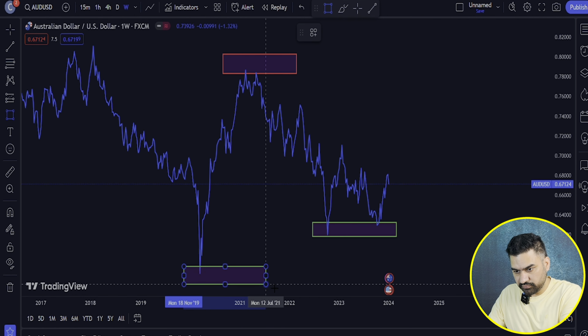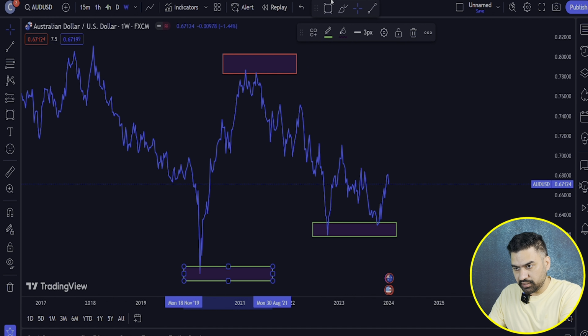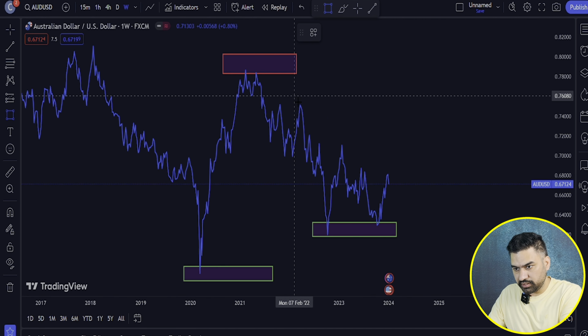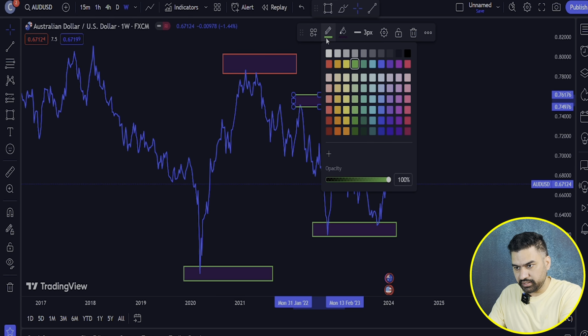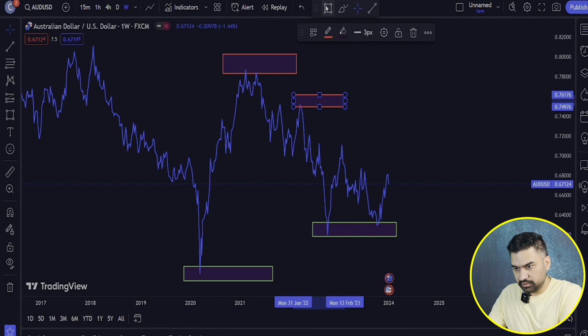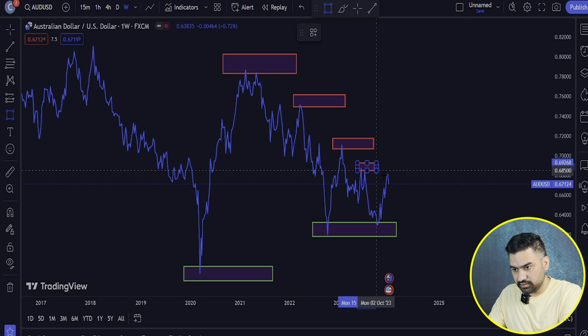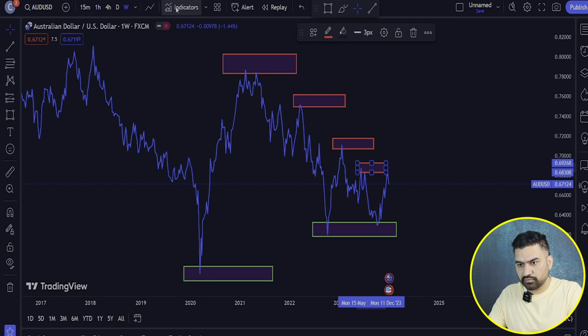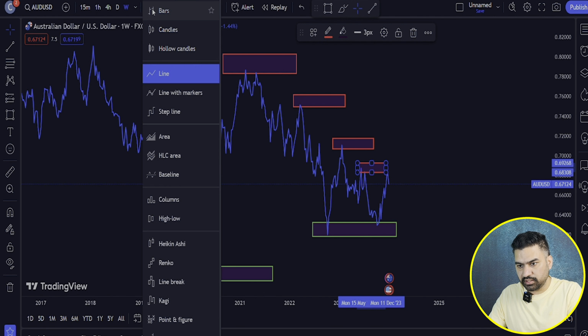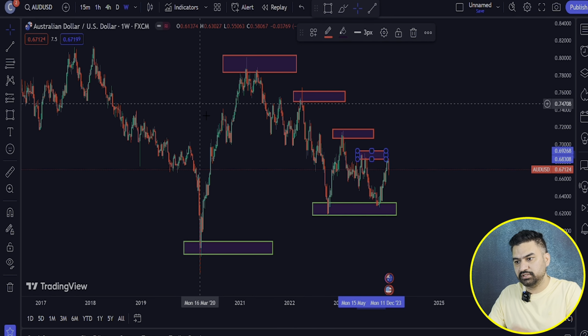This is one more support as well. Then I draw one more rectangle here to show a resistance and change its color to red. Here is one more resistance, and again this is a resistance. Now we can change from line to the candlestick chart. Just click on this and click on the candle, and it will change to candlestick.